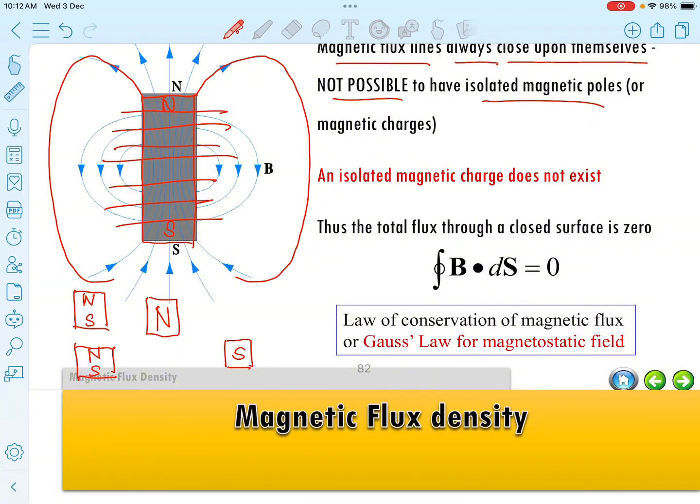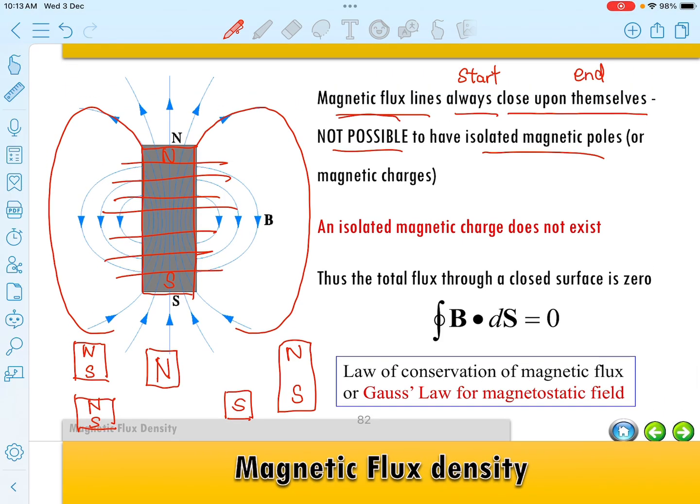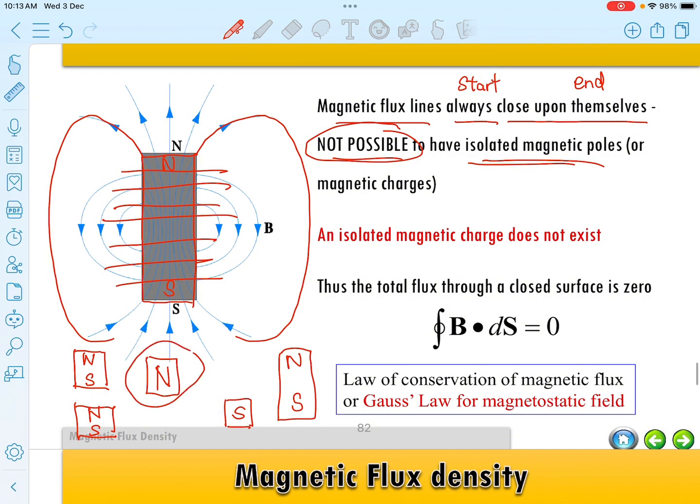I cannot split them. They will always combine with each other. No matter how small it is, you will have a north and a south. So this is the meaning. It is not possible to have an isolated north pole and also south pole.